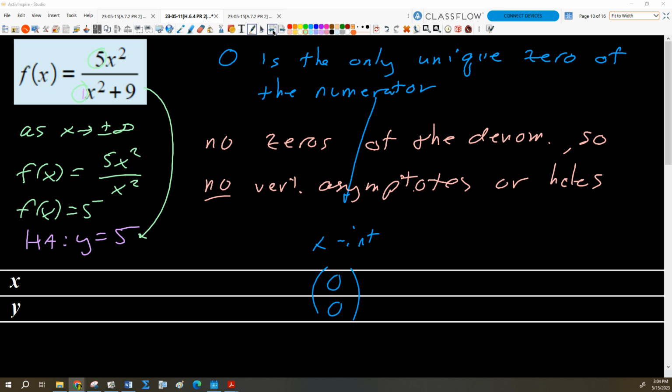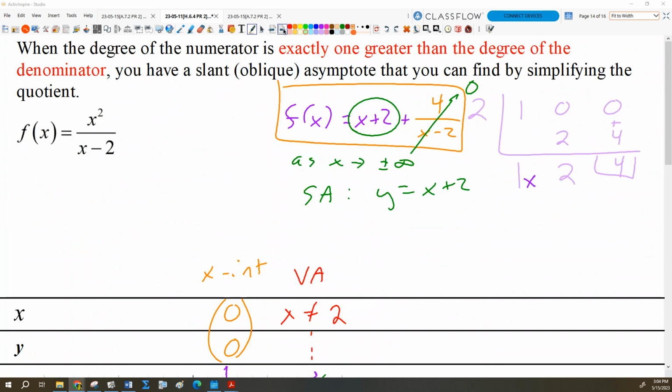Okay, now what was the case where we got no horizontal asymptote? What was true there? Yeah, the numerator is a higher degree polynomial than the denominator, right? And then we don't get any horizontal asymptotes. And that's what we've got going on with this last example.